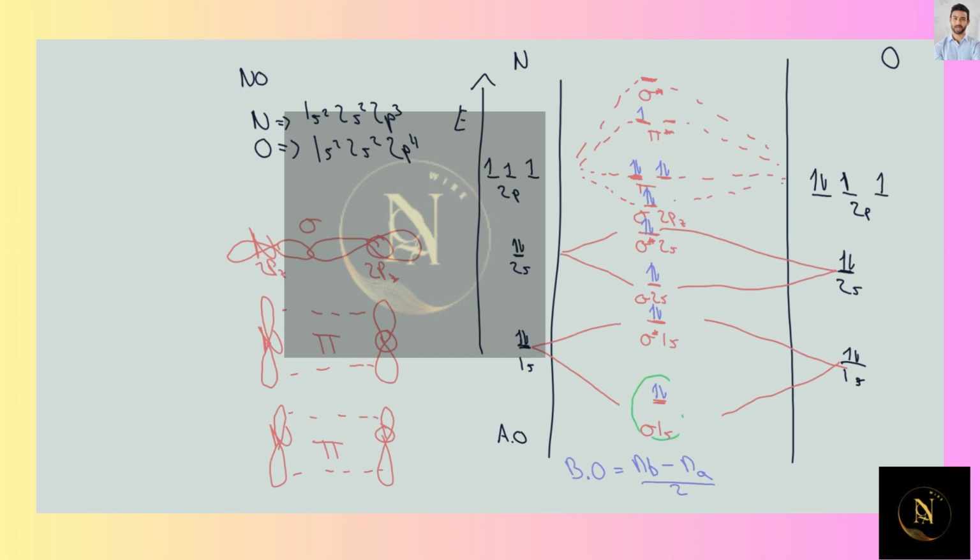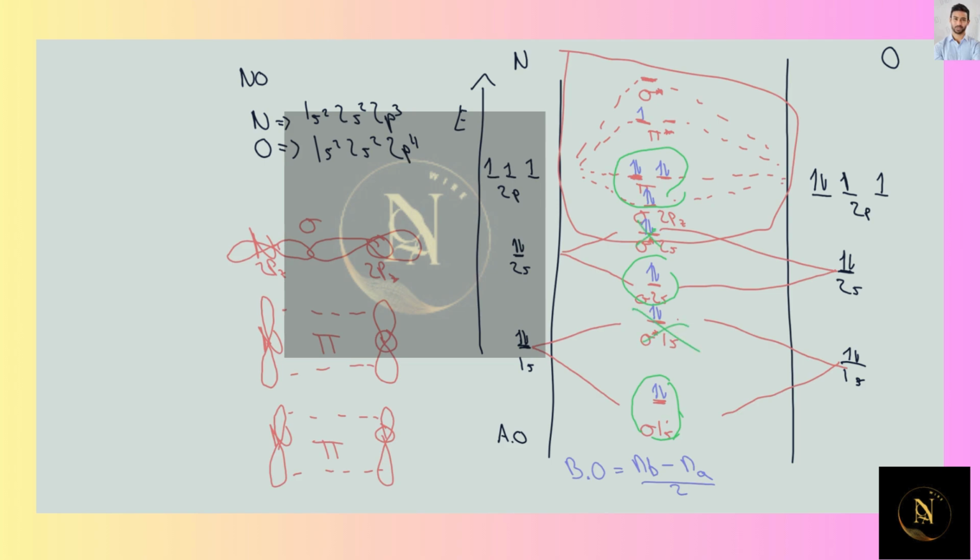Notice that over here we have 2, 4, and over here we have 6. The ones on the lower levels really don't matter. The only ones that we really need to count are the valence electrons, so the ones corresponding to this section over here, because the other ones are going to immediately cancel out, because we have 2 bonding and 2 antibonding. I'm going to put the antibonding ones as crosses over here.